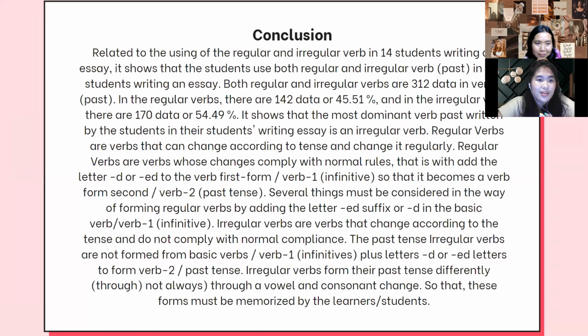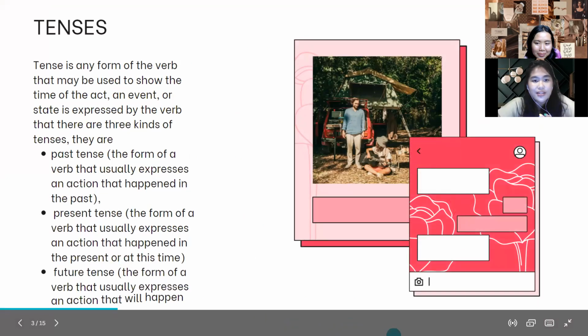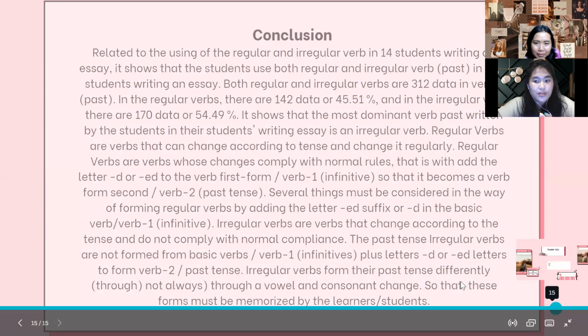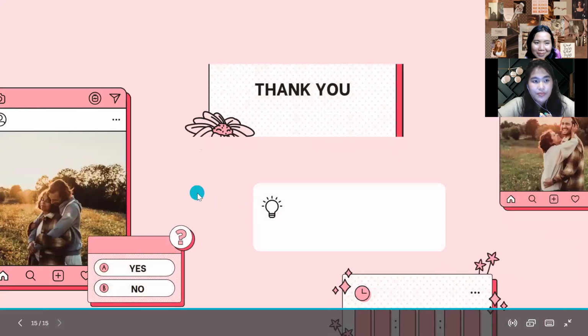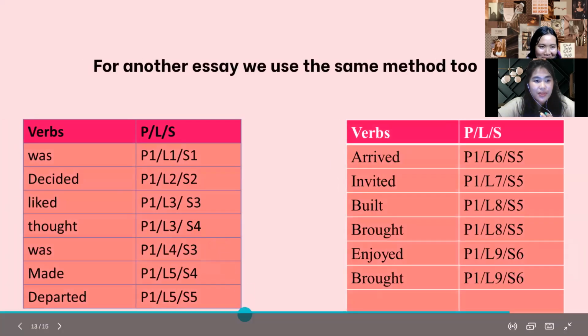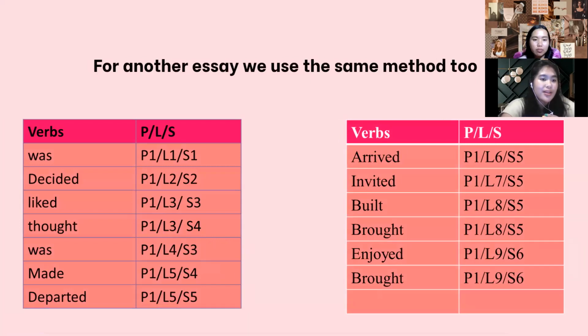You can read the verbs, for example the verb was, the place is in paragraph 1, line 1, and sentence 1.